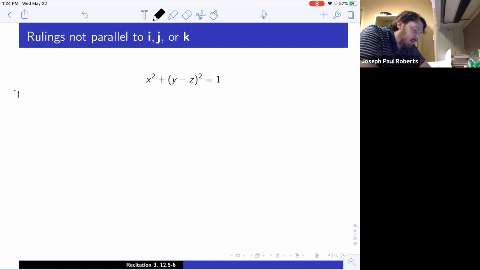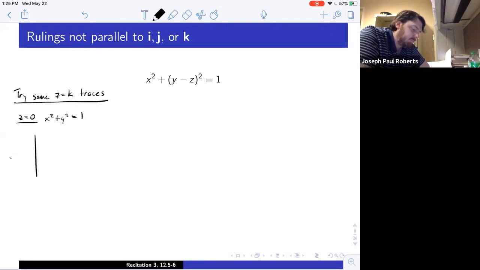So anyway, let's try some z equals k traces, just to see what we end up getting. If z equals 0, this equation is x squared plus y squared equals 1. So we get, of course, the unit circle in the xy plane.